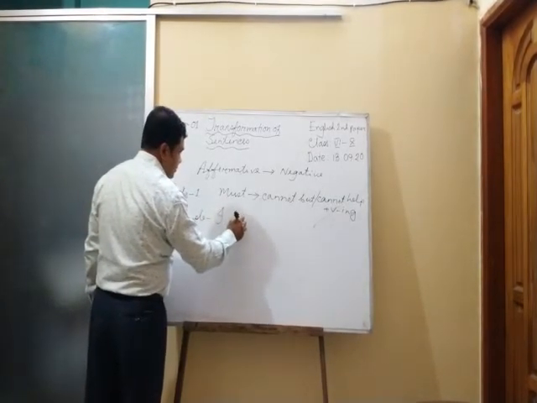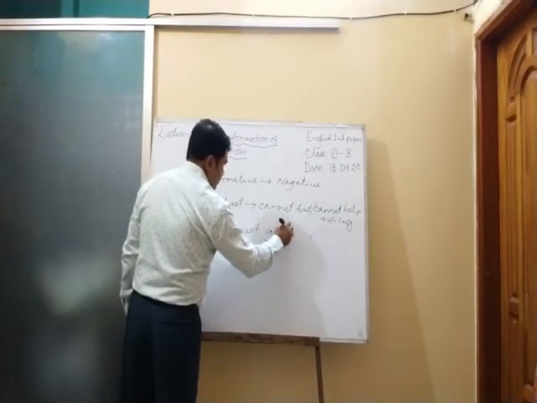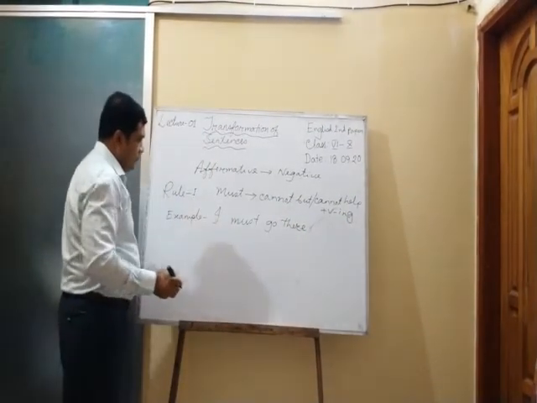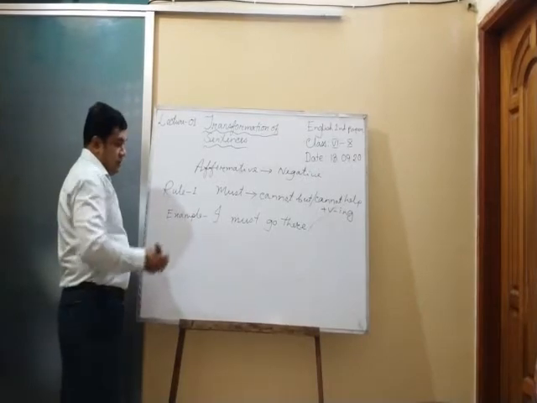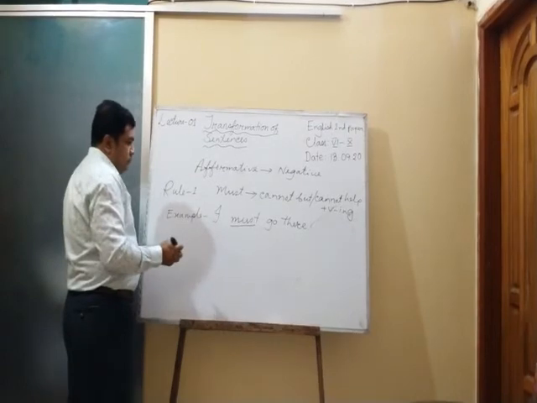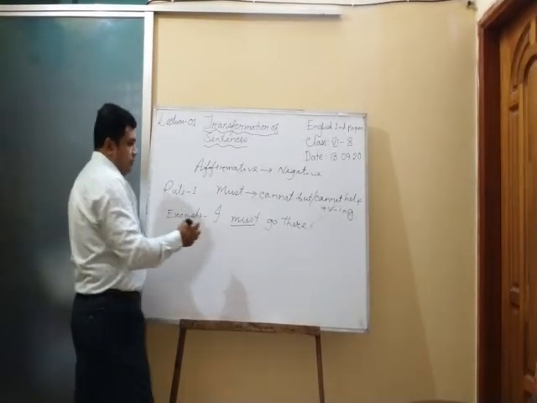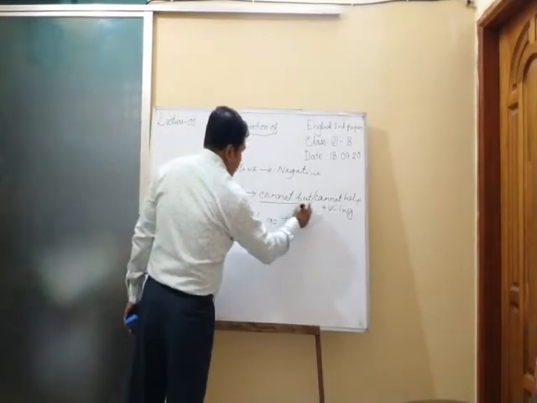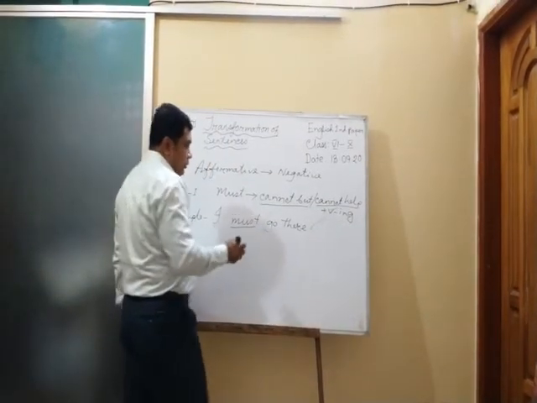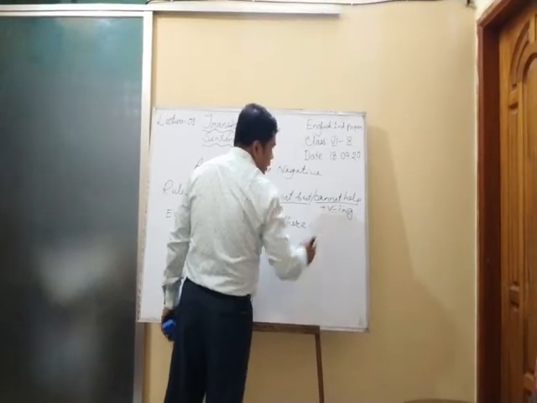I must go there. Look, dear students, here we can see must. If we see must, it should be replaced by cannot but or cannot help. If we use cannot help, we will have to add ing with the main verb.